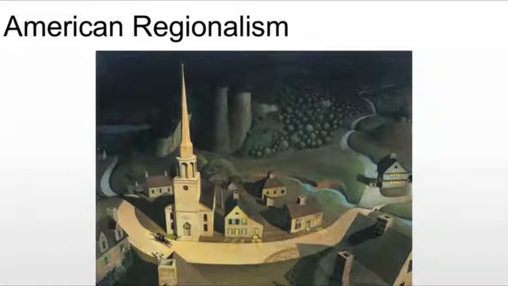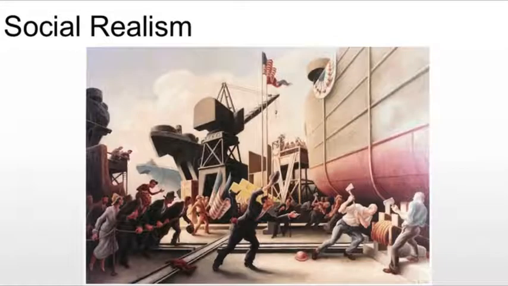Whereas if we move into the city, we're suddenly going to be looking at social realism, which looks a lot like propaganda in this case, and oftentimes does serve a very similar purpose. So when we see urban scenes within American regionalism, it is known as social realism, following the same basic trends and ideas that we will see with realism out of Europe about 75 years earlier.